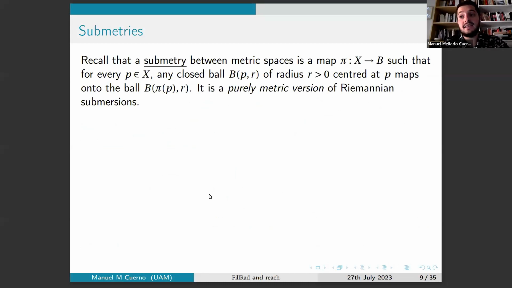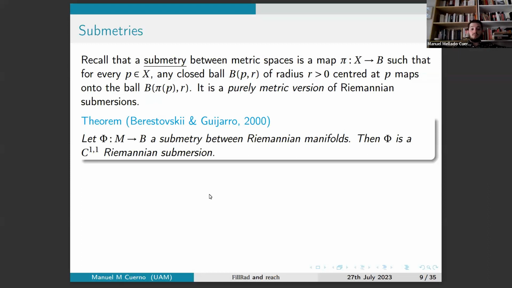We can generalize this with the notion of submetry. A submetry between metric spaces is a map such that for every p in the total space and any closed ball centered at p of radius r greater than 0, this ball is mapped onto the ball with center pi of p and the same radius. As is shown in the slide, this is a purely metric version of a Riemannian submersion.